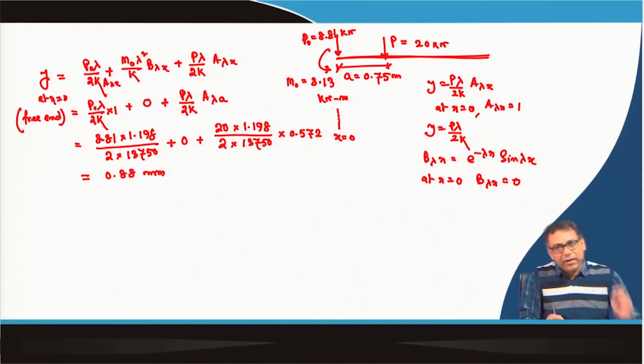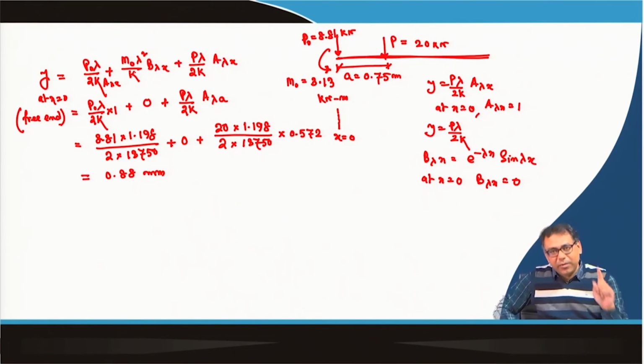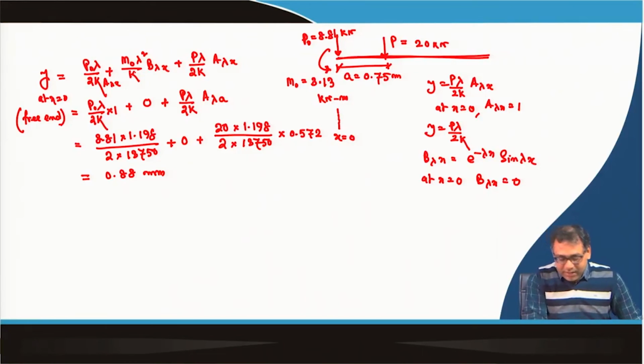When I derived the expression for moment, those expressions are valid for clockwise moment, but here your moment is anti-clockwise. So, we have to put a minus sign here. So, when you put M0, do not put 3.13, because if the moment is clockwise, then it will be 3.13, but the moment is anti-clockwise, so here you have to write minus 3.13.